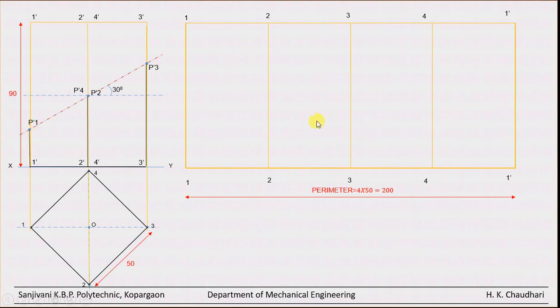Clear? Now to locate the remaining points, just draw the projections for locating these points. Draw the projection from this front view, or directly you can take this vertical distance from P-1 to 1 dash in compass and directly mark here, but we have to show the procedure.